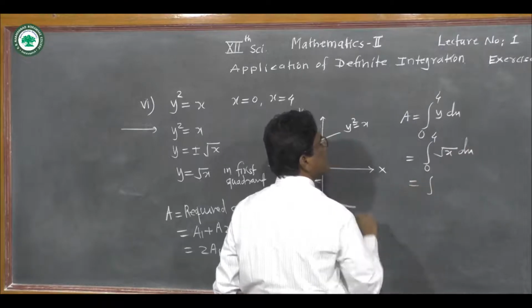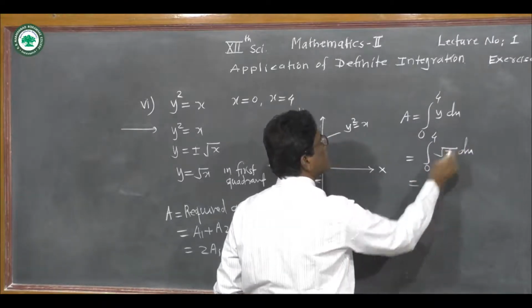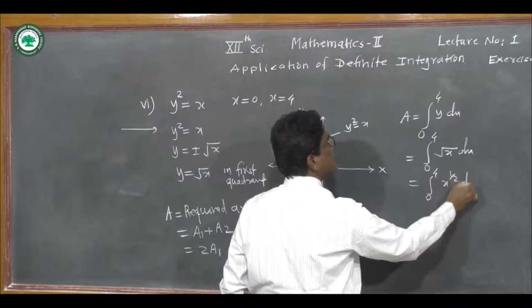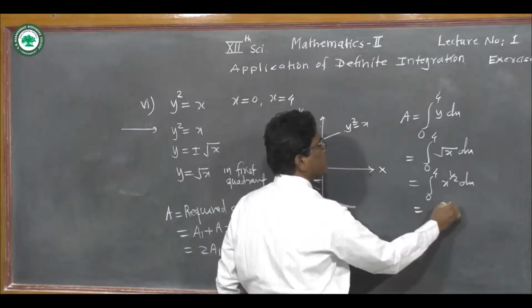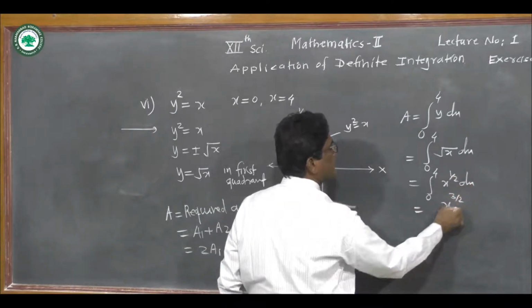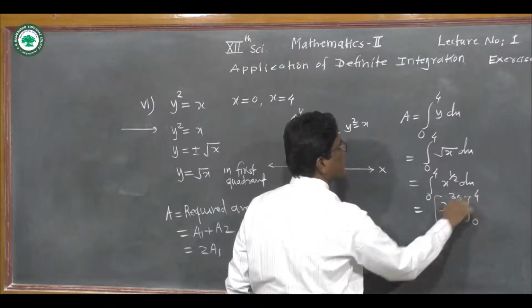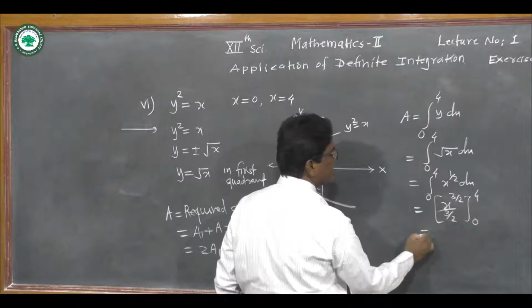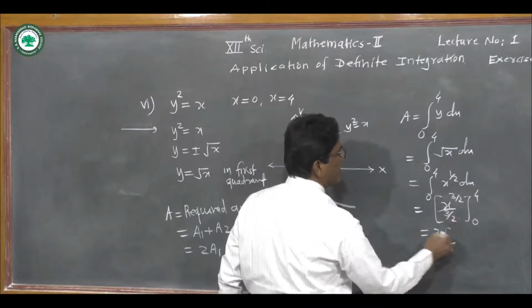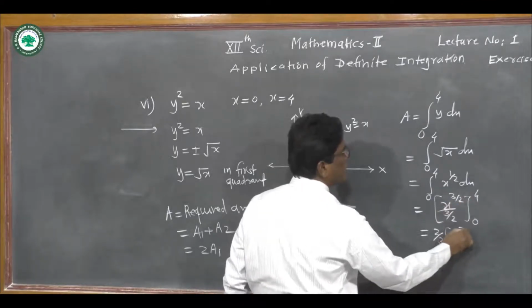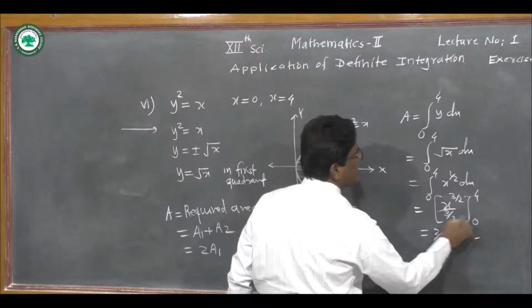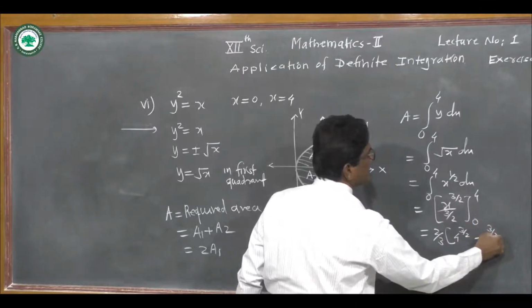So it is equal to integration 0 to 4, root x means x to the power half dx. So it is equal to x to the power 1 half plus 1, that is 3 by 2, divided by same number 3 by 2, from 0 to 4. This 3 by 2 becomes 2 by 3 in bracket, x as 4, so 4 to the power 3 by 2 minus x as 0, 0 to the power 3 by 2.